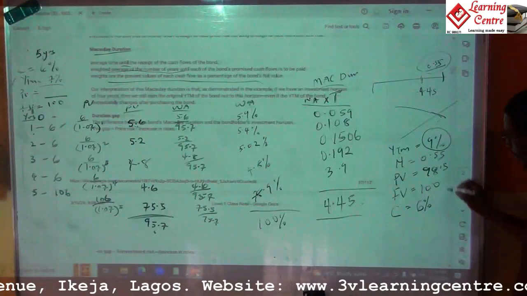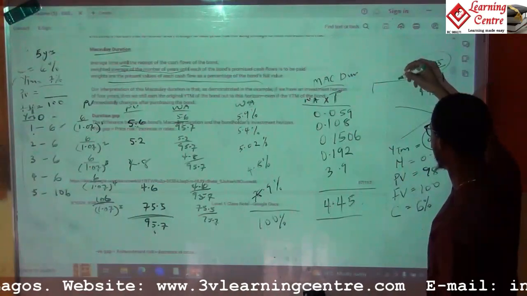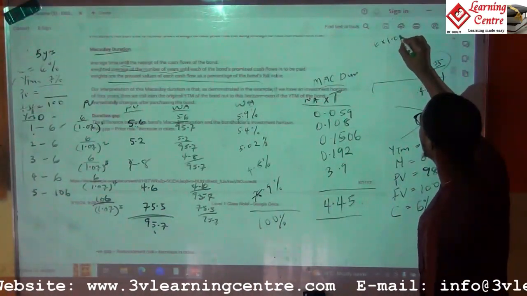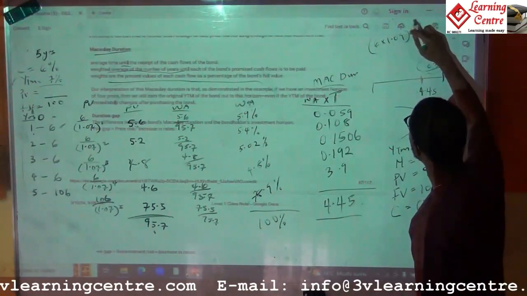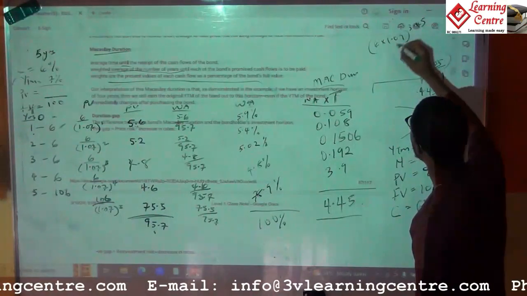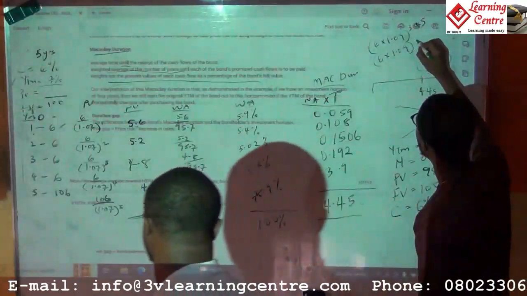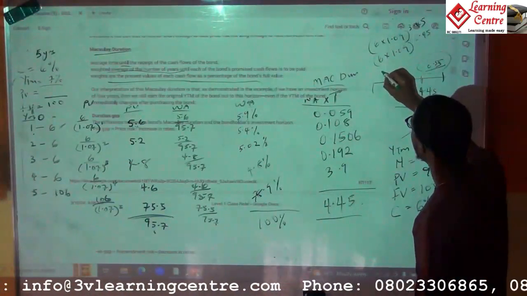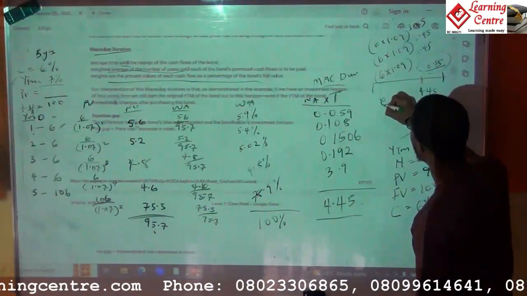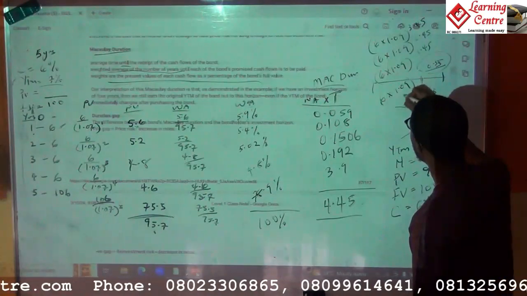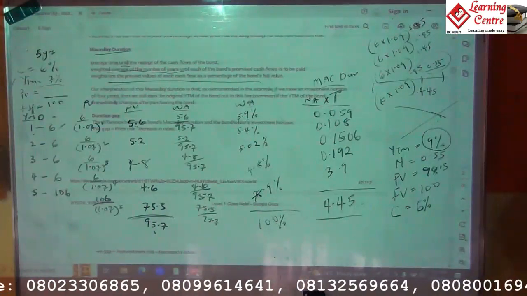Take all my cash flows, which will be 6 times 1.09 raised to power 3.45, 6 times 1.09 raised to power 2.45, 6 times 1.09 raised to power 1.45, then the final one 6 times 1.09 raised to power 0.45.